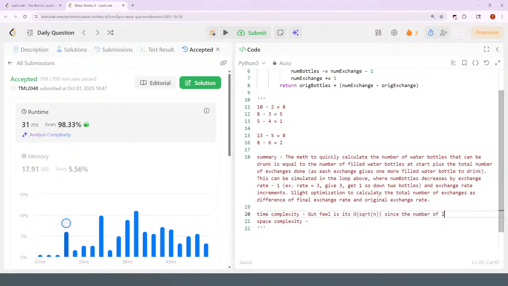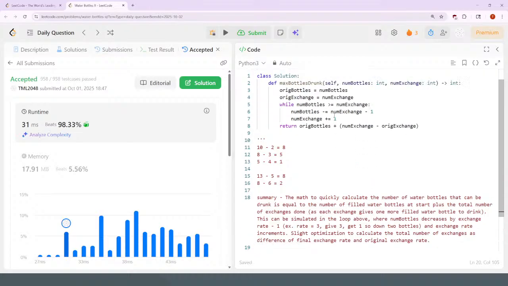Since the number of loops is based on solving a quadratic. Yeah, so if your exchange rate is like 3 and your number of bottles is 100, it's 3 plus 4 plus 5 plus 6. Yeah.